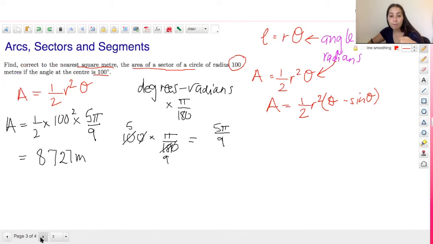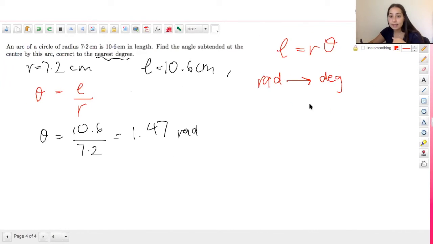But to convert from radians to degrees, we multiply by 180 over pi. So we multiply this by 180 over pi and we get our angle. So it's 84 degrees to the nearest degree.